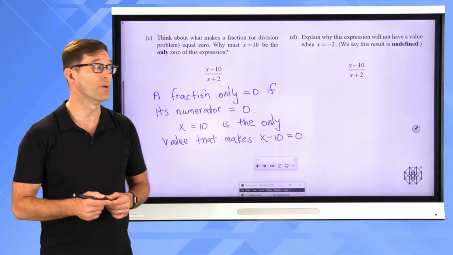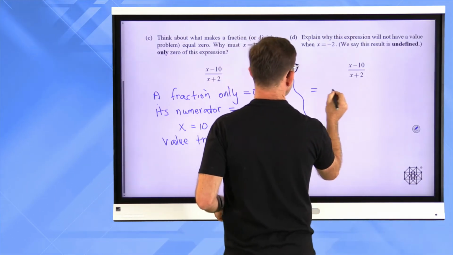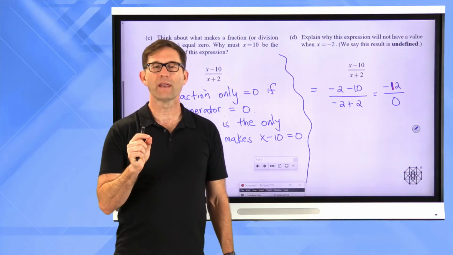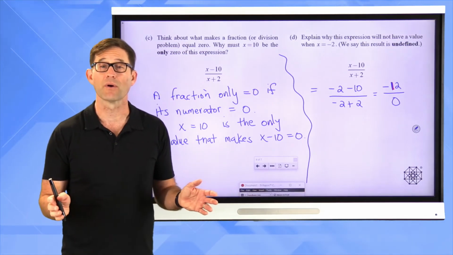All right, well, let's do it. If I put x equals negative 2 in here, I'll get negative 2 minus 10 divided by negative 2 plus positive 2. Negative 2 minus 10 is negative 12. Hey, my phantom red pen came out. And negative 2 plus 2 is equal to 0. So I get negative 12 divided by 0. Now, you might think to yourself, oh, that should be equal to 0.